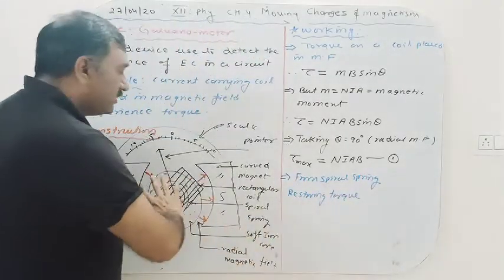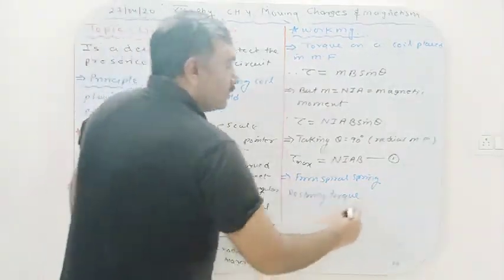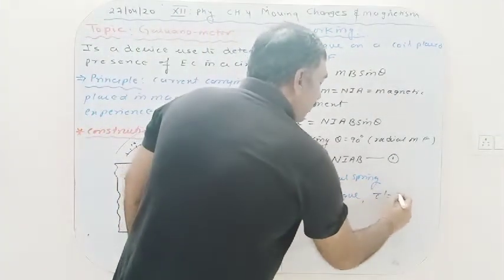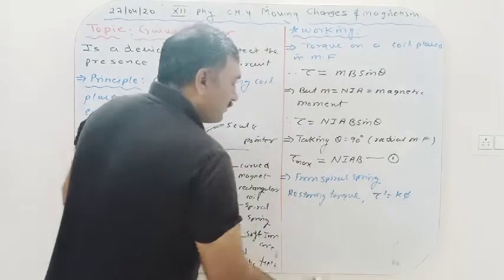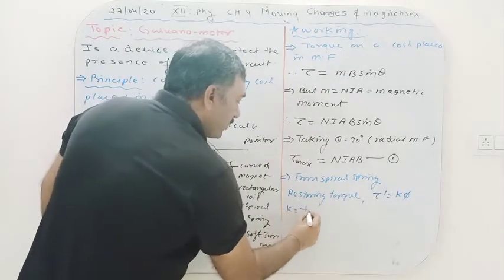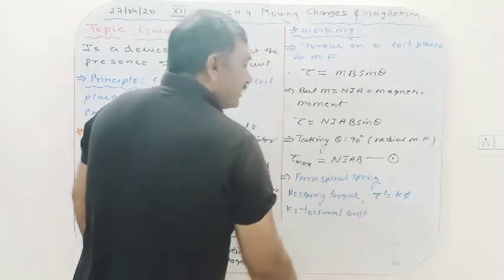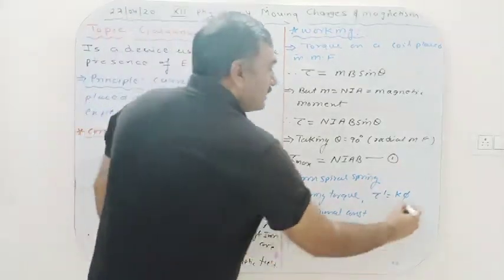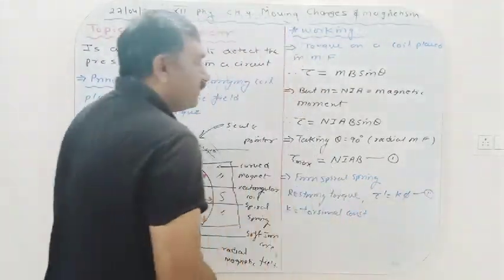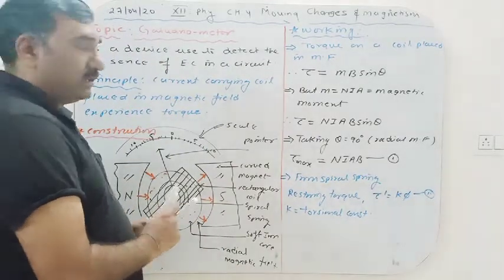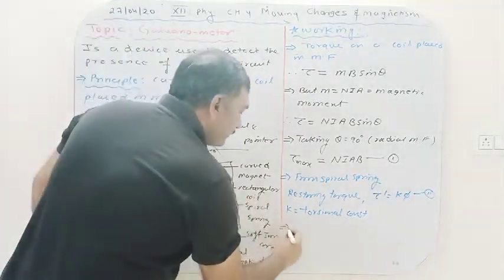Otherwise, what will happen? The coil will keep moving in one direction only. So the restoring torque tau dash is equal to k phi, where k is known as the torsional constant. This is equation number 2. Now we compare the first and second equations at equilibrium.